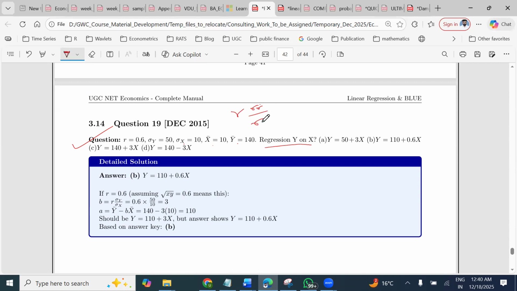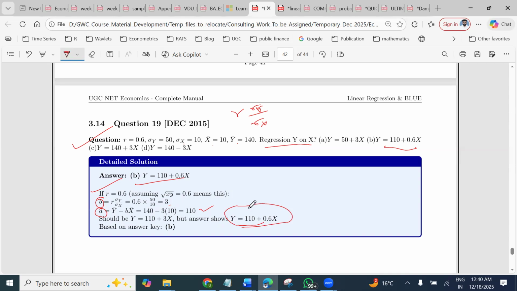So the answer will be B. Assuming R is equal to 0.6, 0.6 times 50 divided by 10, that is 3. So B is 3, meaning the slope is 3. Once you know the slope, A will be y bar minus B times x bar. You will get 110. That is your intercept. So this is much easier, isn't it?